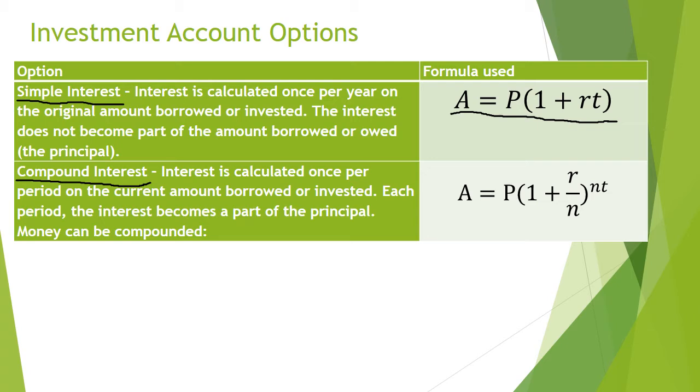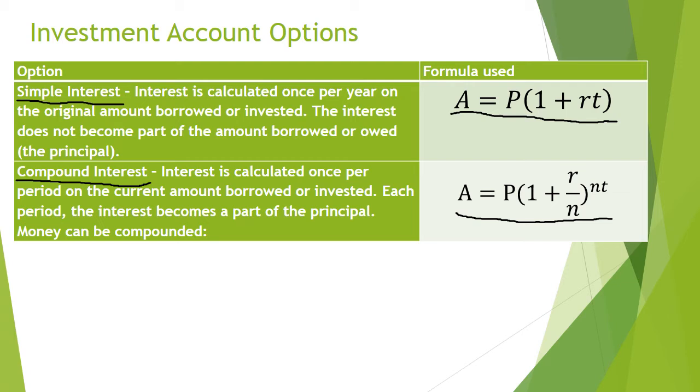Each period, the interest becomes part of the principal money used. And the formula is the final amount equals the principal times 1 plus the rate divided by the number of times the money is compounded, raised to the number of times the money is compounded times the number of years.